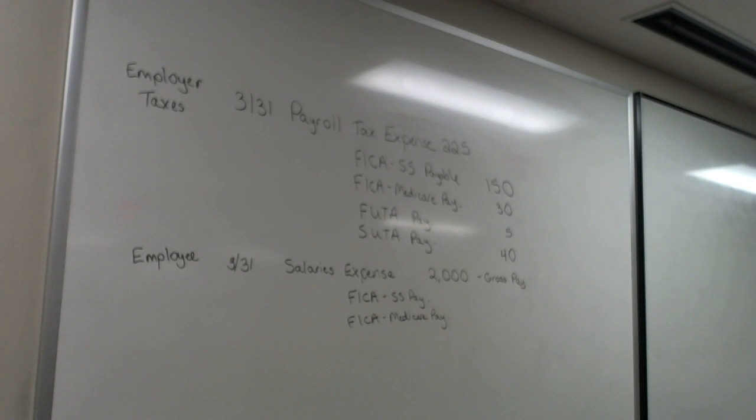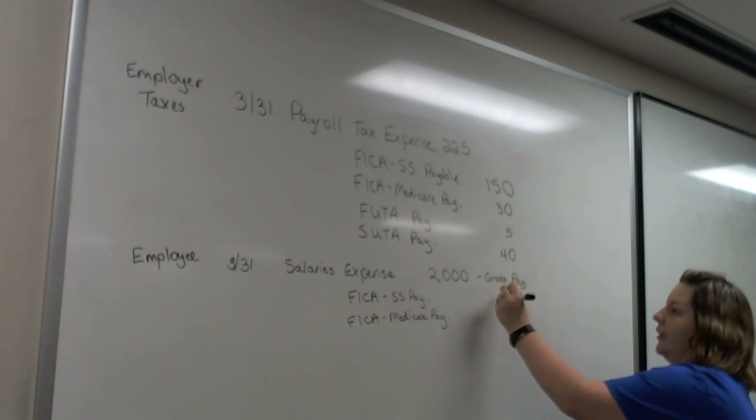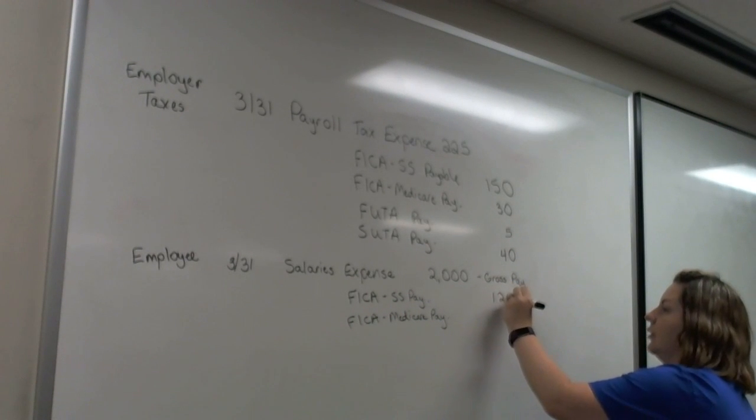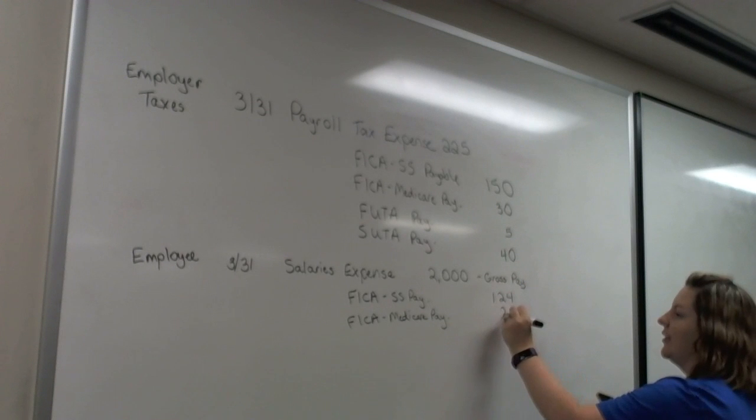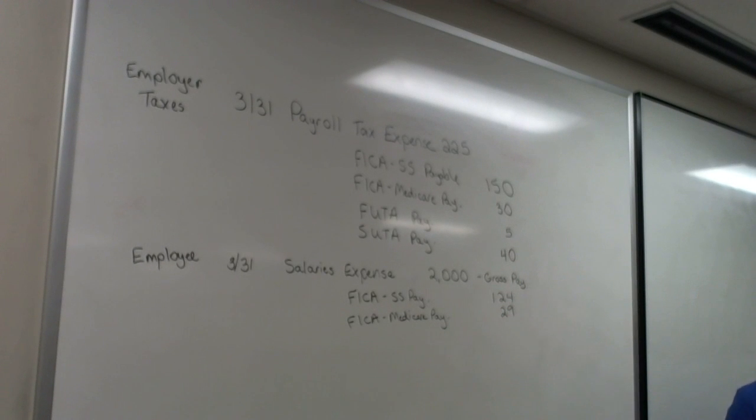So you would actually take their gross pay times 6.2%. And that would be, what, $124? Okay. And then I would take their gross pay times 1.45%. I was really close there. $29 on FICA Medicare.